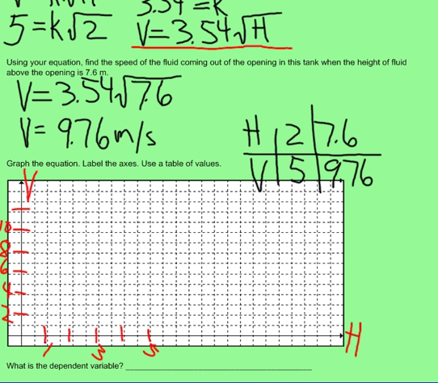Okay, now for the dots on the graph. The first one is going to be going across 2 and up 5. The second one is going to be across 7.6. Whoa, didn't go far enough.